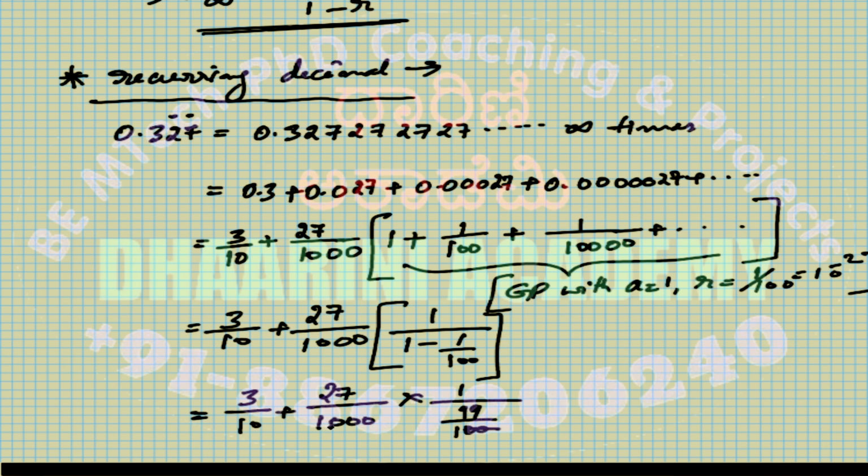Out of which the two zeros will cancel, right? So my term is 3 by 10 plus 27 divided by 99 into 10, that is 990.